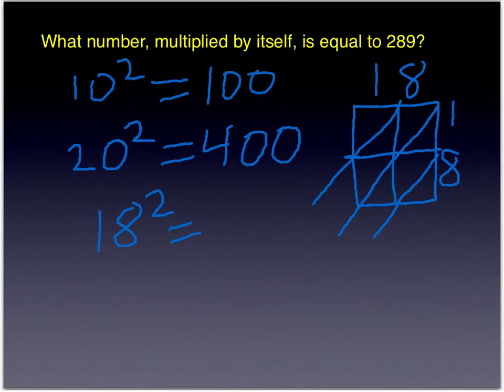You're not going to be able to do all of this mentally. 8 times 1 is 8. 1 times 1 is 1. 8 times 8 is 64. 1 times 8 is 8. Let's add it up. We got 4. 8 plus 6 plus 8. Well, 8 plus 8 is 16.